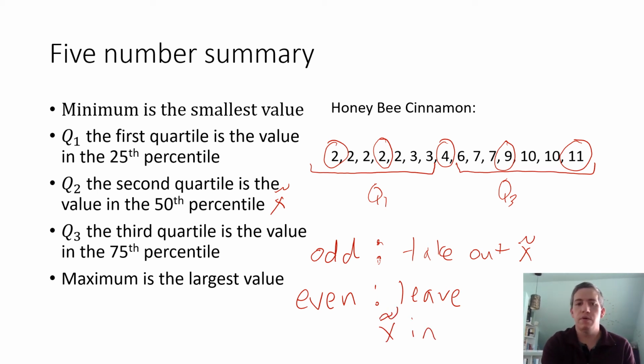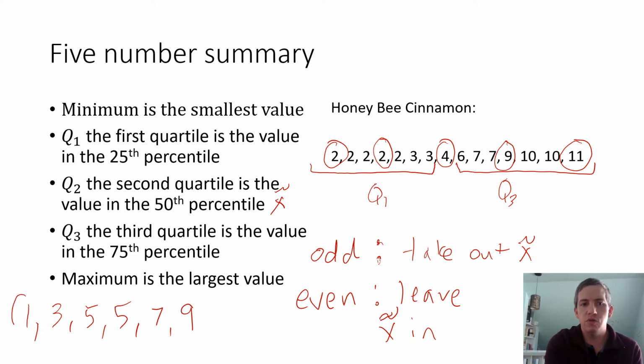I'll do a quick example of that. So if my numbers are 1, 3, 5, 5, 7, 9 in order, my minimum number is 1, my maximum number is 9. My median is in between the 5 and the 5. The arithmetic mean of that is 5, so my median is 5.